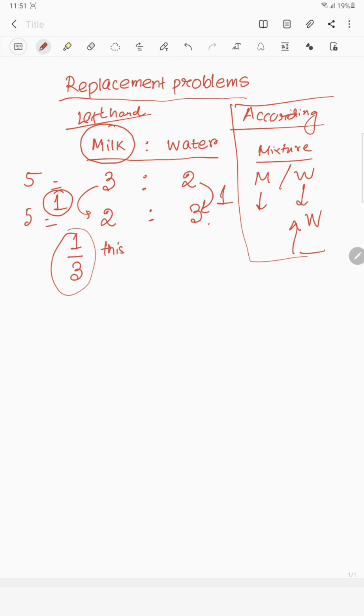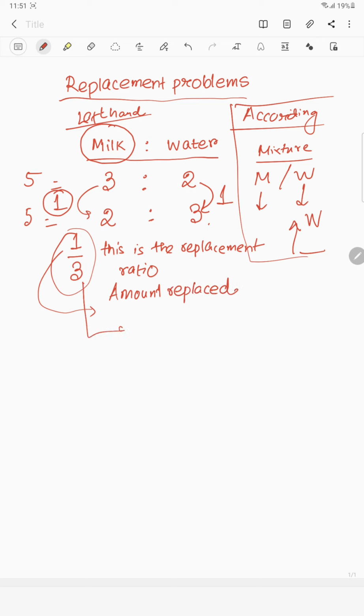this is the replacement ratio. Here 1 is the amount replaced and 3 is the total quantity of mixture.